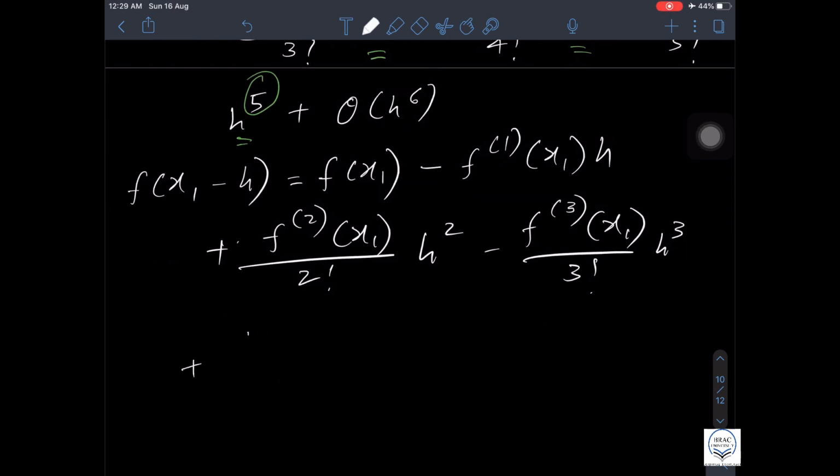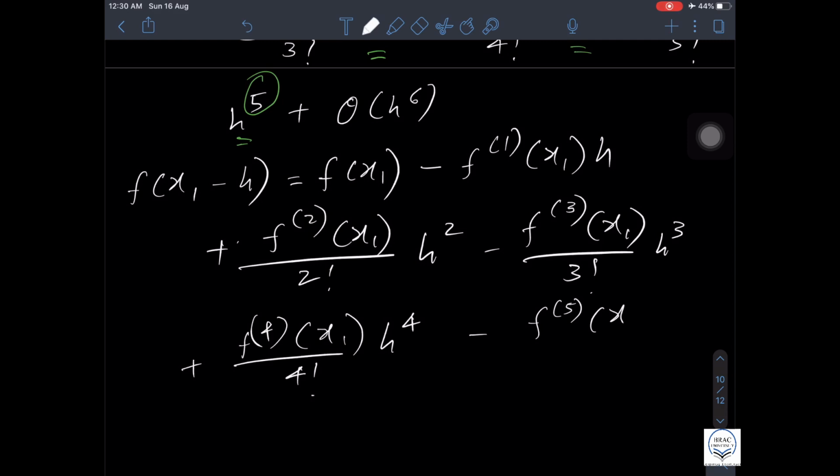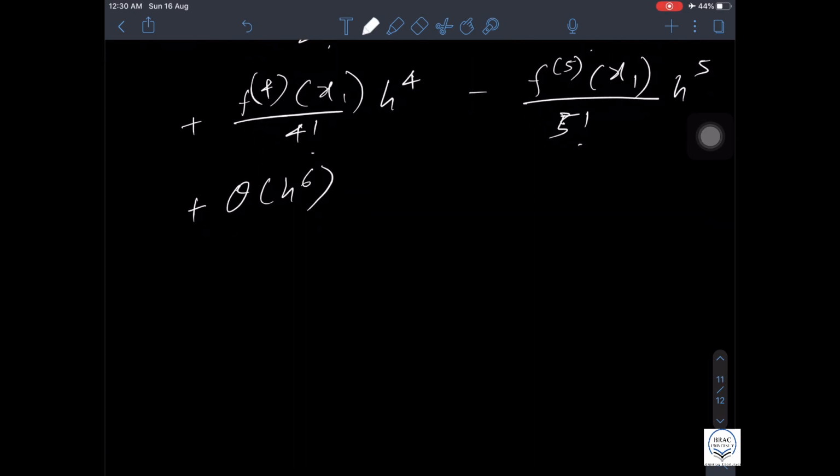Similarly, plus f4 of x1 by 4 factorial h to the power 4, and you have a minus sign f5 by 5 factorial h to the power 5, and you have plus order h6.